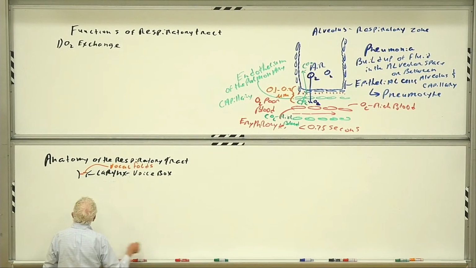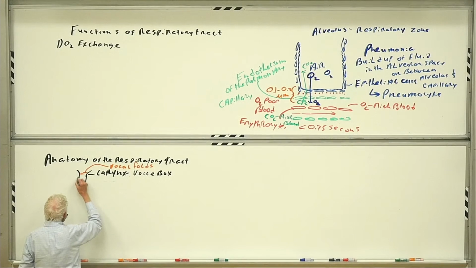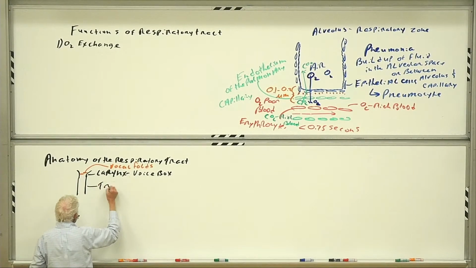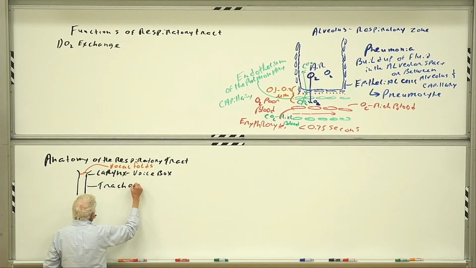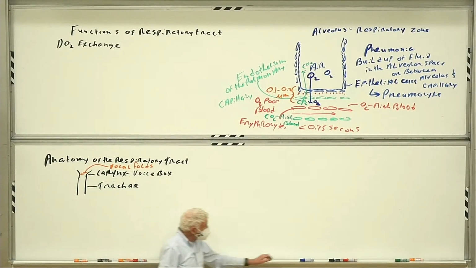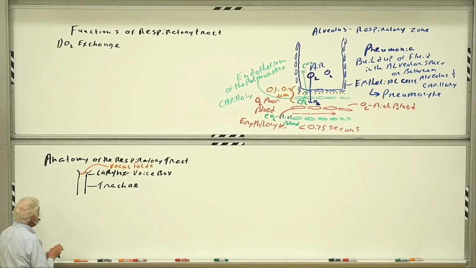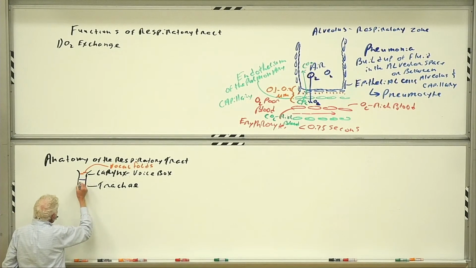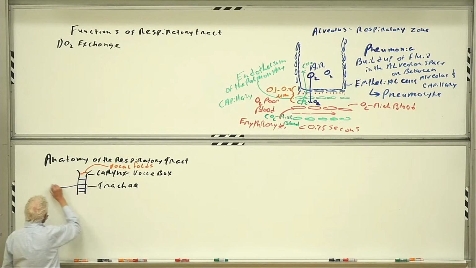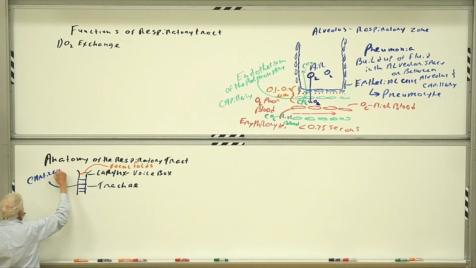The larynx leads into a structure known as the trachea. The trachea is a single tube. One of the characteristics of the trachea is that it's reinforced by these cartilage rings.